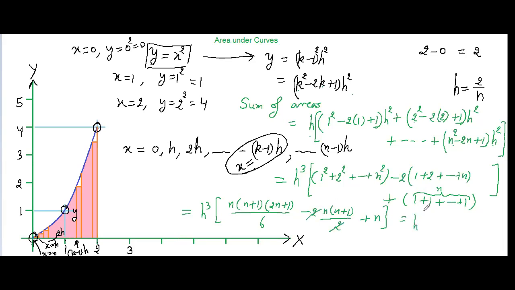This is h cube multiplied by n into (n plus 1) into (2n plus 1) divided by 6. If we solve this bracket, minus n square minus n square, minus n plus n, so that n and minus n also cancel. Is the calculation clear up to this point?